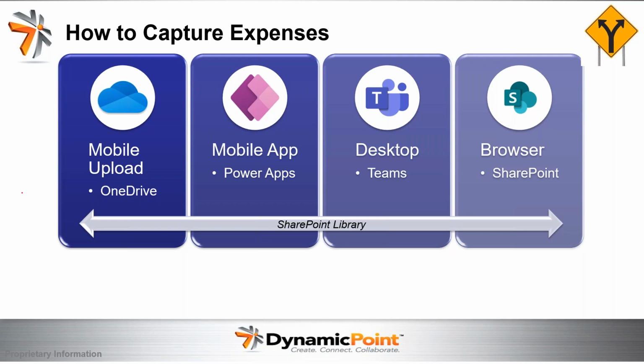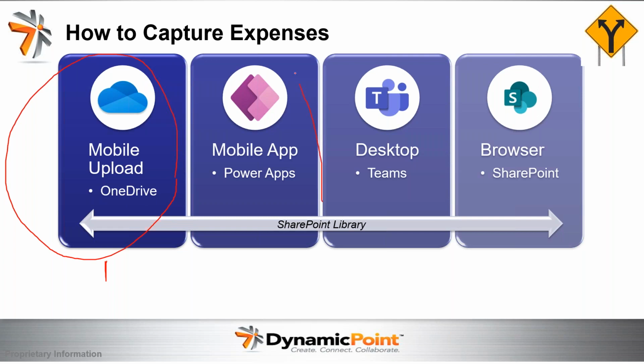But the two mobile ones: the first is a mobile upload. What this is leveraging, if you're familiar with this icon, is the OneDrive app that Microsoft gives us, which is integrated with SharePoint libraries. So I could simply take pictures of receipts from my phone and they get stored to these libraries. We'll call that option one.